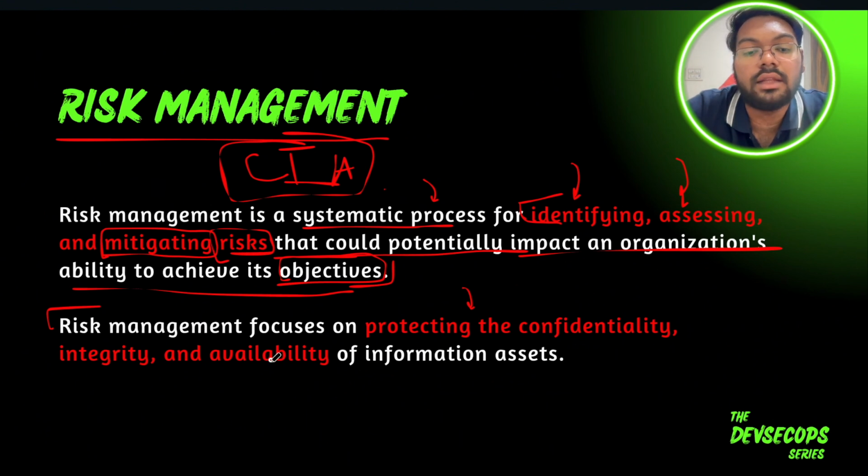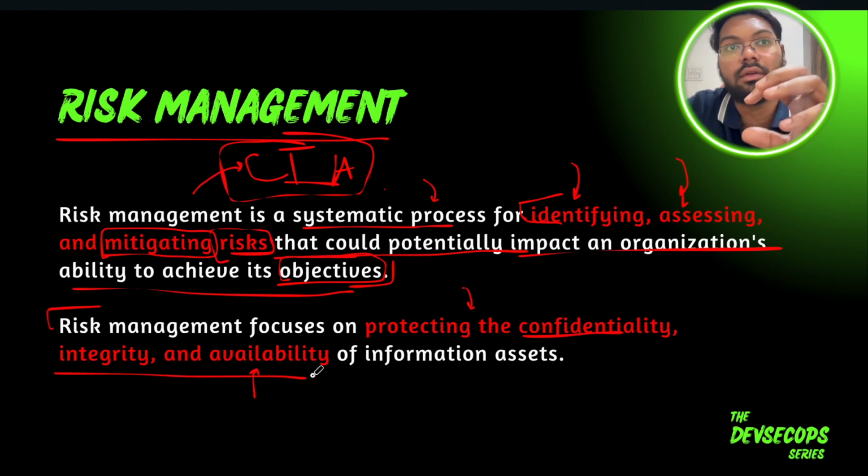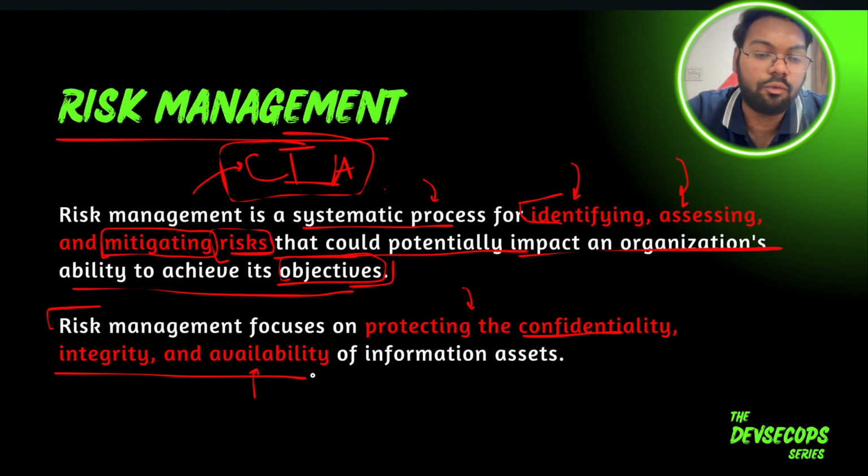Availability means the application should be available all the time and responding to the requests that customers are sending. And confidentiality, which I missed explaining, is secrecy, or protecting your data from unauthorized access. We will be discussing this in great depth in a later episode as well.